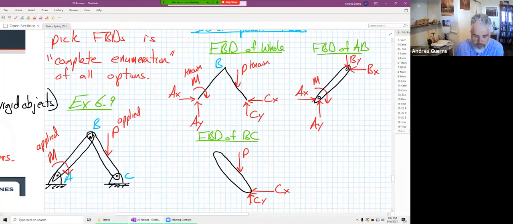Now up here at point B, I've also drawn those somewhere, but I'm on the opposite side of that connection as to what I drew them in AB.